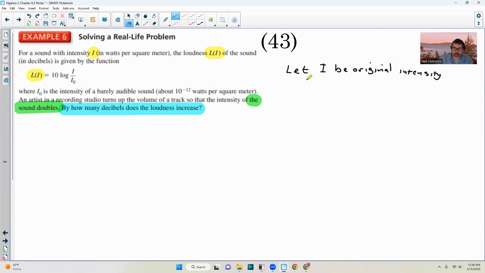Okay, so if I is the original intensity, 2I is the result of turning it up. They turned the volume up so the sound doubles. So I became 2I, that's double.